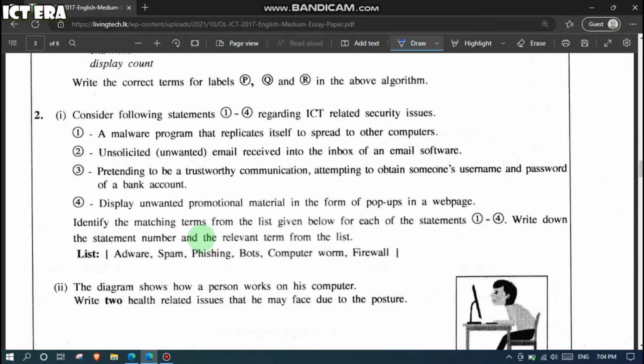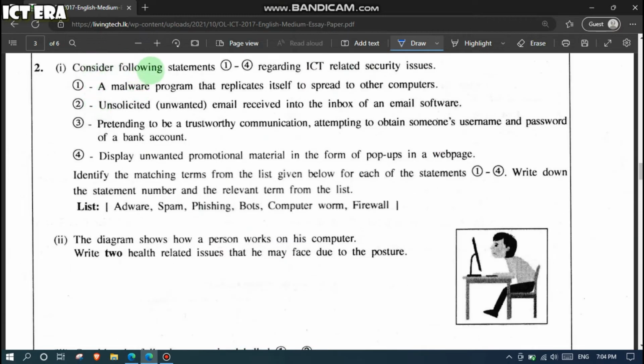Okay. Then second question. Consider following statements 1 to 4 regarding ICT related to security issues. A malware program that replicates itself to spread to other computers. So the answer should be computer worms. Second one, unsolicited or unwanted email received into the inbox are stored in which folder? Spam.